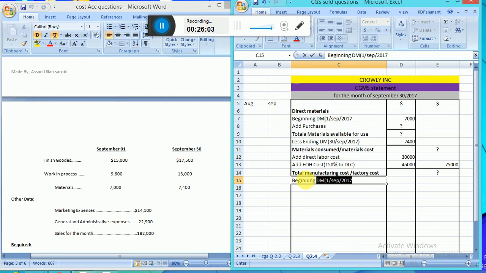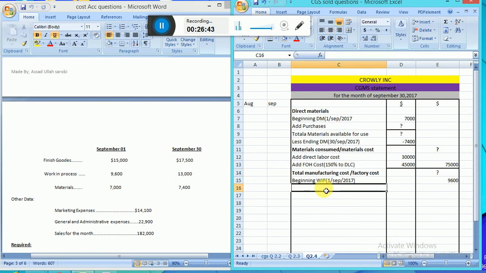Beginning work in process means on 1st of September 2017, how much work in process is left? Yes, 9,600. Look, this unknown is the September month work in process, and the 9,600 is the previous month's work in process.